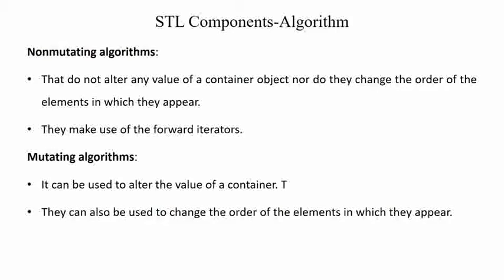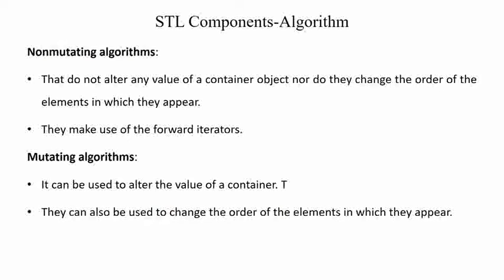Friends, we also saw in the last session there are 4 different types of iterators. From that, for non-mutating algorithm, we use here forward iterator. Second type of algorithm is mutating algorithm. That will be vice versa of non-mutating. Means what?